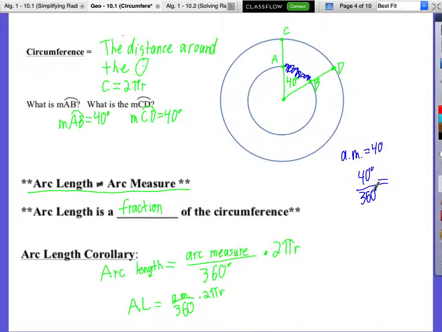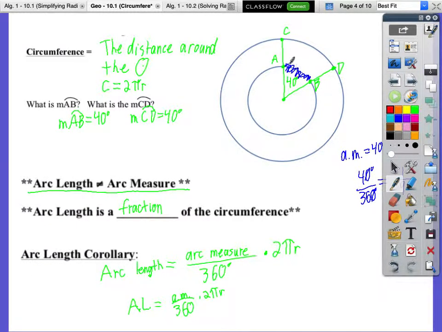Can we divide by 10 right away and get rid of the zeros? So we could have 4 over 36. Now what goes into both 4 and 36? I heard 2, we could do that and get there, but 4 goes a little faster. How many times does 4 go into 4? How many times does 4 go into 36? 9. So we're saying we're looking at 1/9 of the circle.